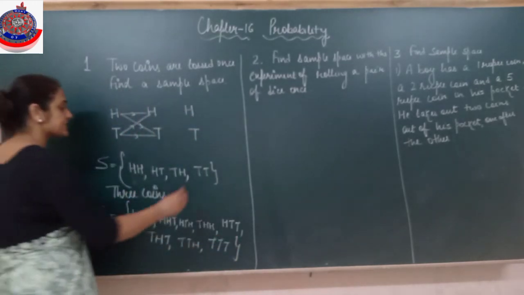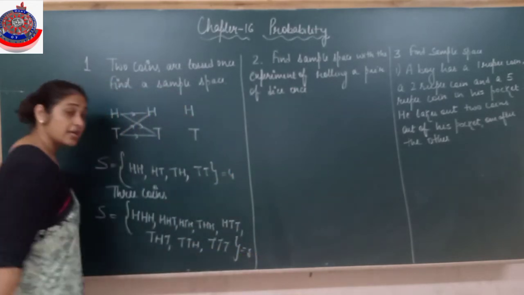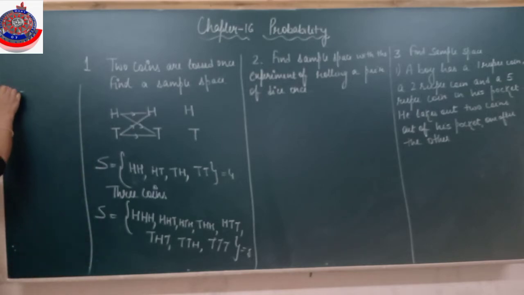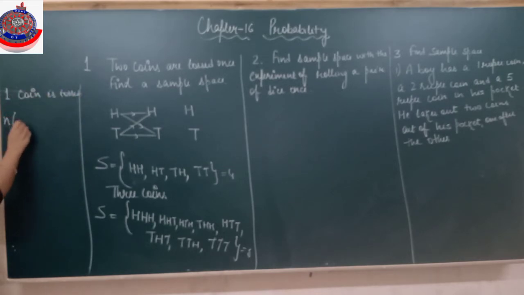अब नो हेड. नो हेड मीन्स तीनों के ऊपर टेल. अब इसमें देखो कितने केसेस थे, 4. इसमें कितने आए, 8. दिस वी हैव डन इन क्लास 10th ऑल्सो. When a coin is tossed, number of elements in sample space, we write like this. हम सेट्स ऑलरेडी कर चुके हैं. We do know that number of elements in a set is represented by this.